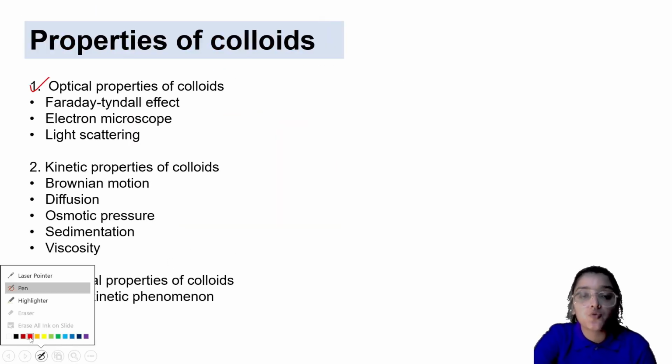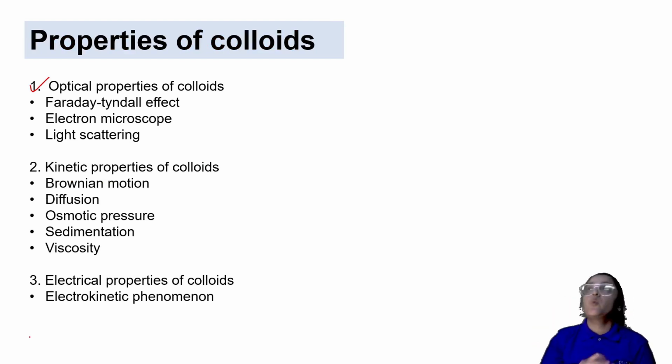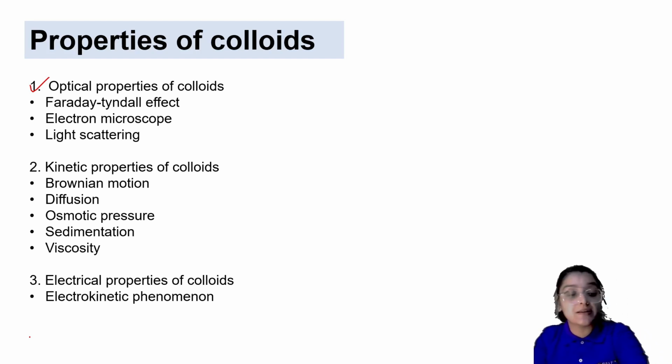You must know about the physical properties. What are the physical properties? The optical properties, very important, the Faraday-Tyndall effect. The kinetic properties we have discussed include Brownian motion, diffusion, osmotic pressure, sedimentation, and viscosity.